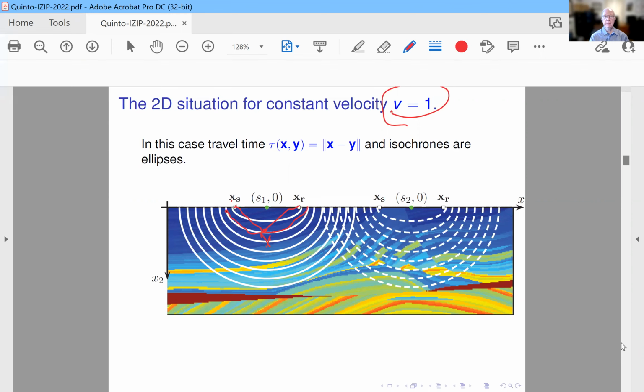And as you remember from junior high, maybe, this describes ellipses. So in other words, you integrate over ellipses with foci xs and xr. And then if we move from S1, 0, S1 being the parameter, to S2 being the parameter, we get a different set of ellipses, just shifts of the ellipses on the left.